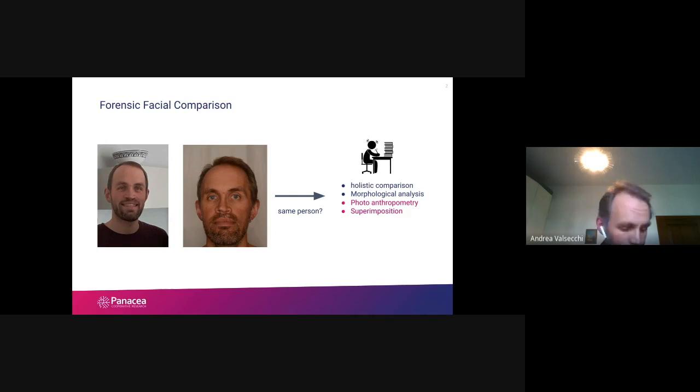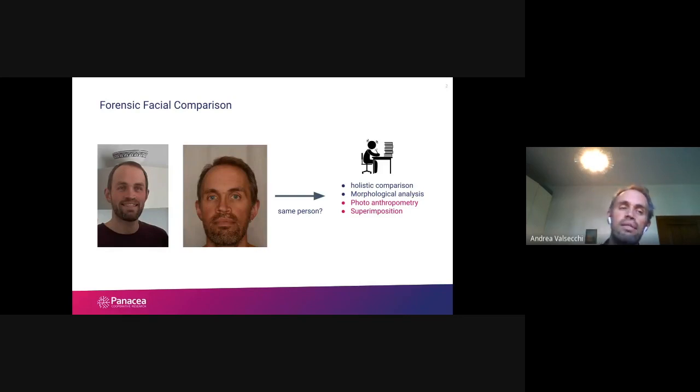There are a couple of things we can do at this moment. We can do a more analytic comparison, trying to compare the face as a whole, or a more detailed morphological analysis, trying to analyze each trait of the face and maybe compare against an atlas.